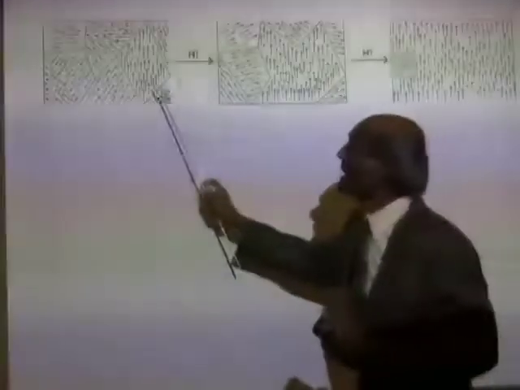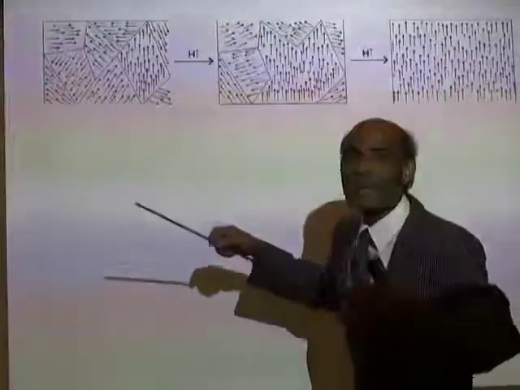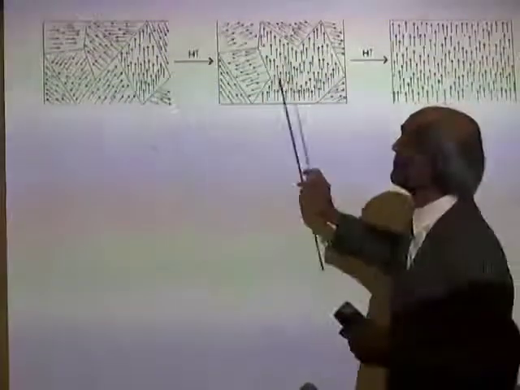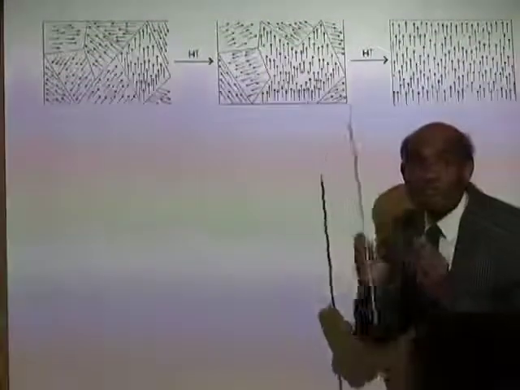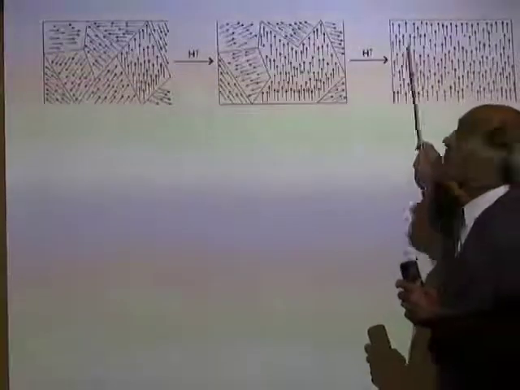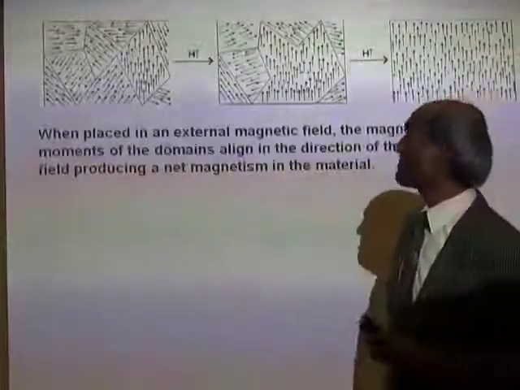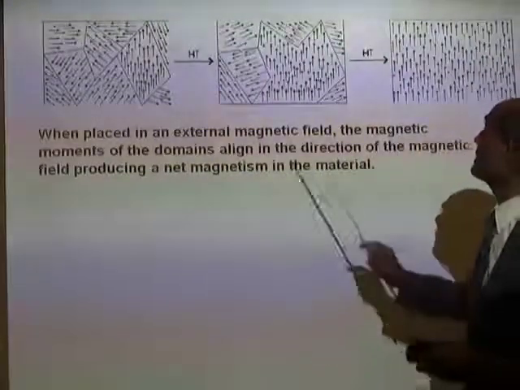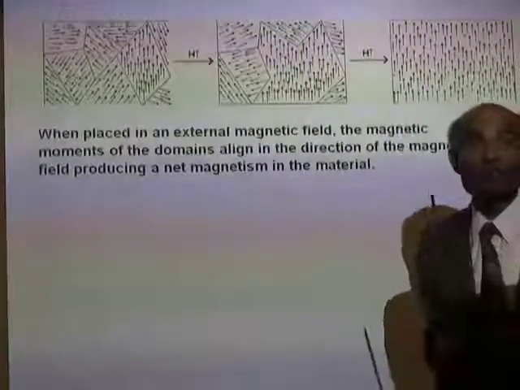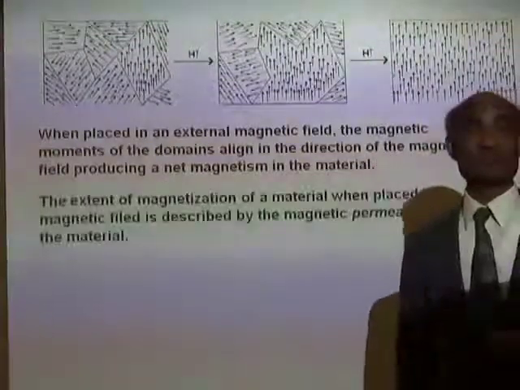That means when a magnetic material like this is subjected to a magnetizing force, an external field, these magnetic moments will align themselves in the direction of the external field, making that object a magnet. So, when placed in an external magnetic field, the magnetic moments of the domain align in the direction of the magnetic field, producing a net magnetism in the material.